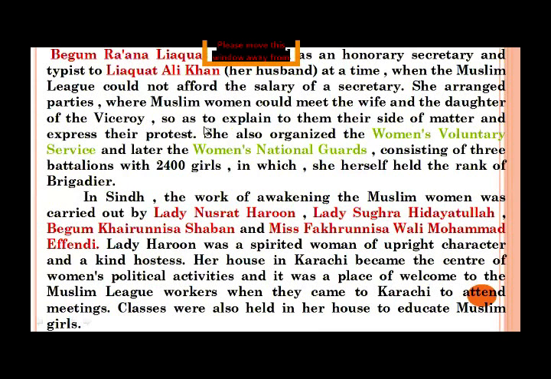She also organized the women's voluntary service and later the women's national guards. I think these were established after independence, but I'm not sure; you may check on the internet. They consisted of three battalions, like in the army where we have battalions, troops of a particular number of soldiers.